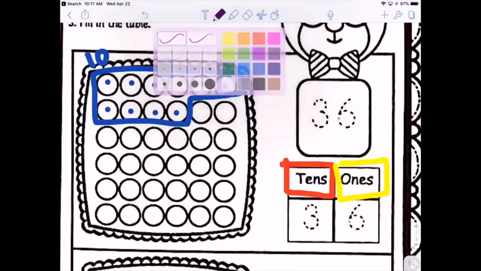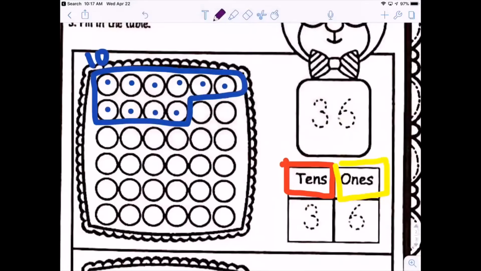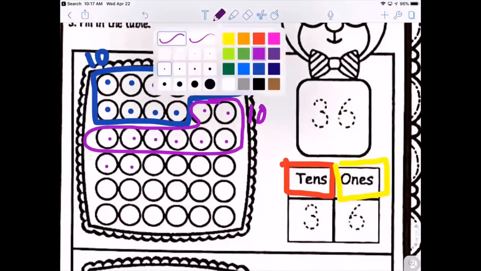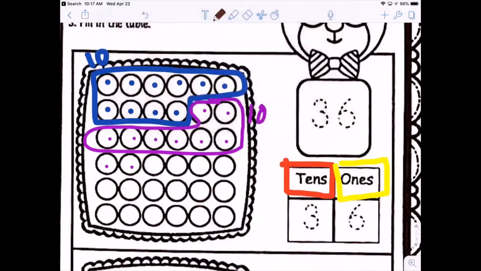Now 1, 2, 3, 4, 5, 6, 7, 8, 9, 10. Okay, this is my other group of 10. And remember to dot it, that way you remember you counted that already. If not, we will get confused.